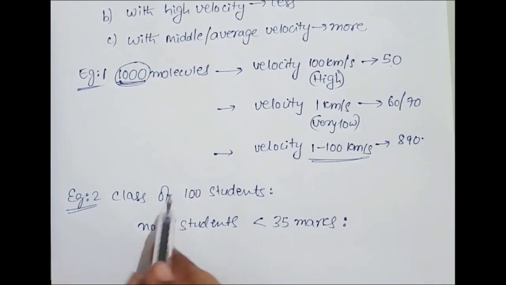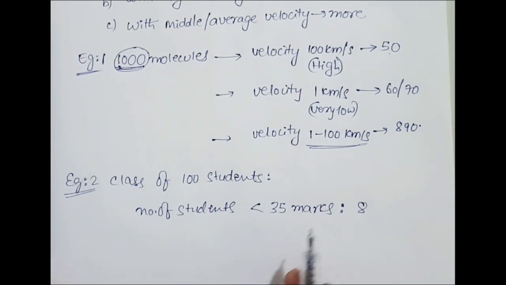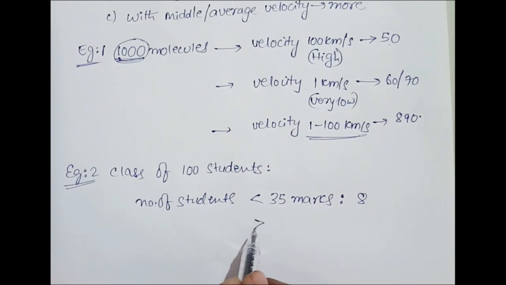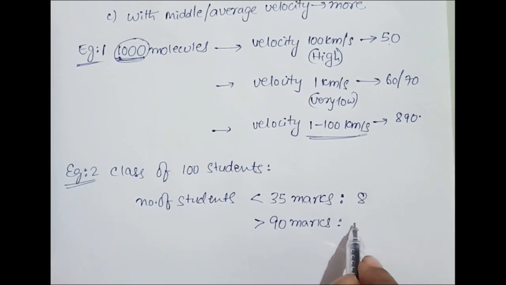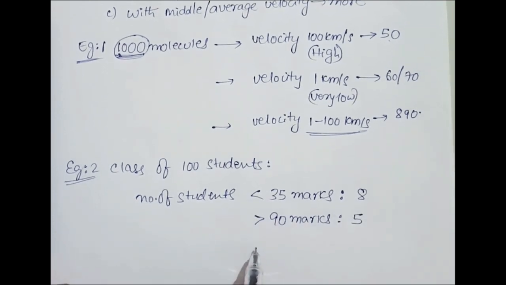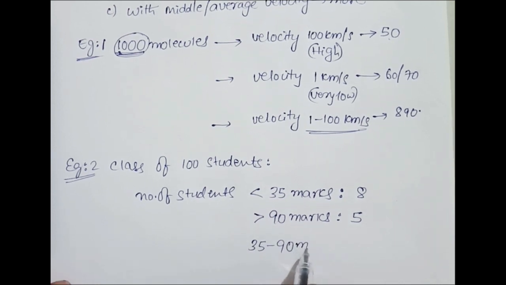How many students will be there with less than 35 marks? Very less number of students, let us say 8 students. At the same time, the number of students with above 90 marks will also be less. Let us say 5 students. But the number of students who have got 35 to 90 marks, how many students will be there?